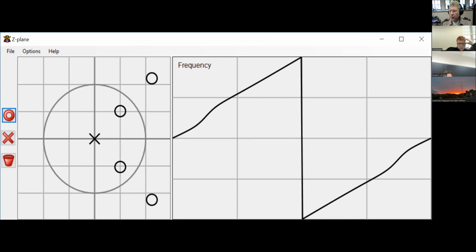Who is up next? Cole. What is its order? Fourth order. It's fourth order. So Ben, how much should it delay an incoming sinusoid? Fourth order linear phase filter.